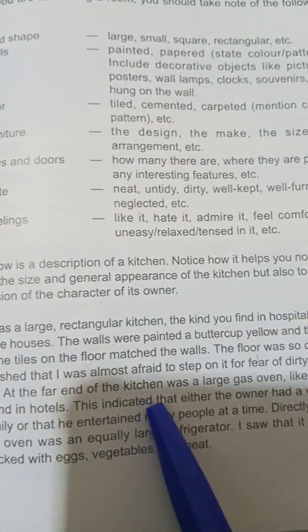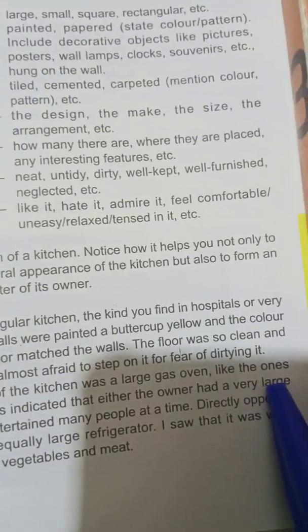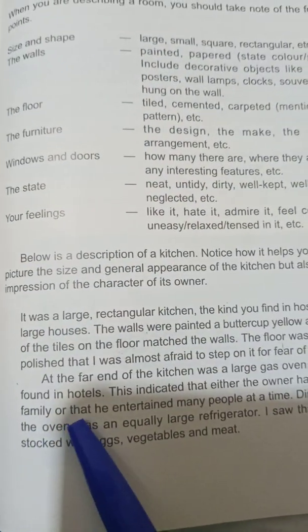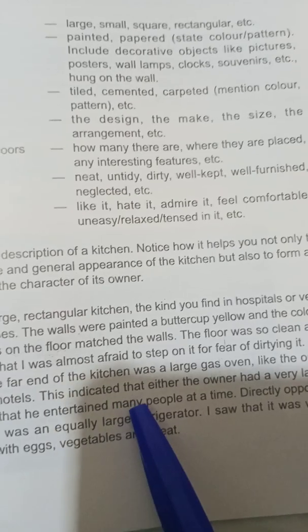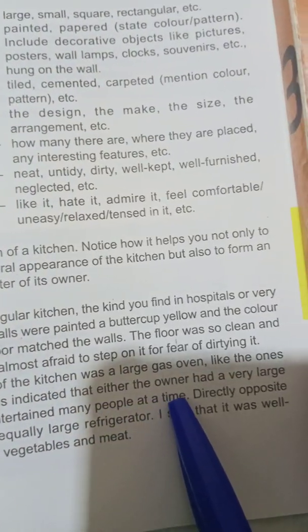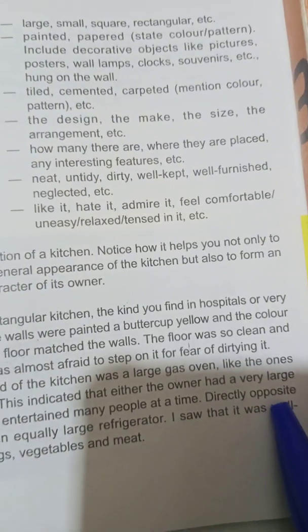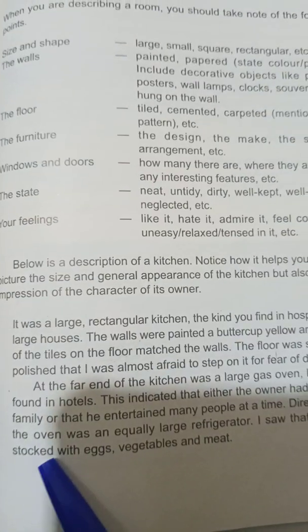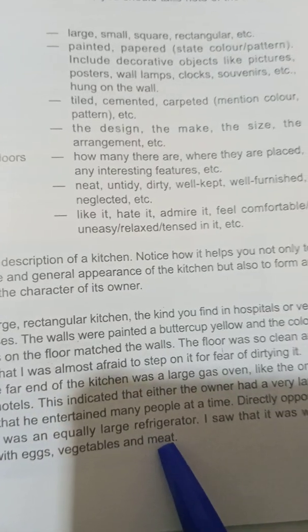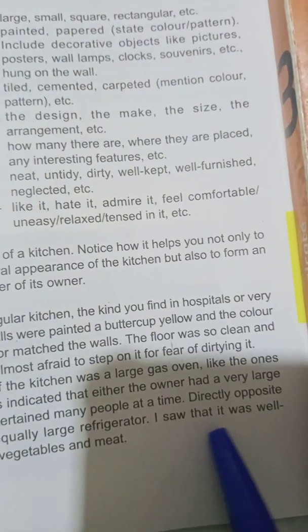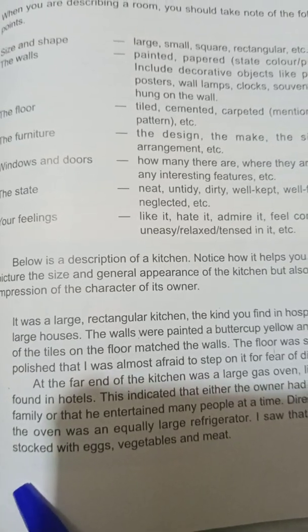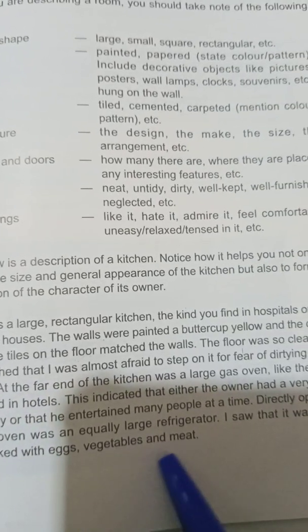At the far end of the kitchen was a large gas oven like the ones found in hotels. This indicated that either the owner had a very large family or that he entertained many people at a time. Directly opposite the oven was an equally large refrigerator. I saw that it was well stocked with eggs, vegetables, and meat.